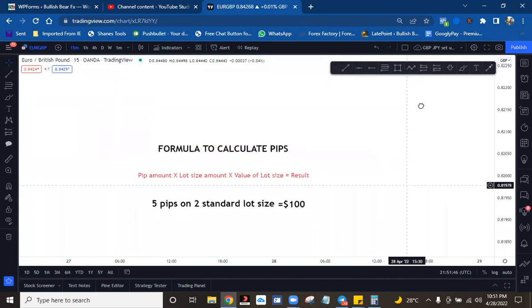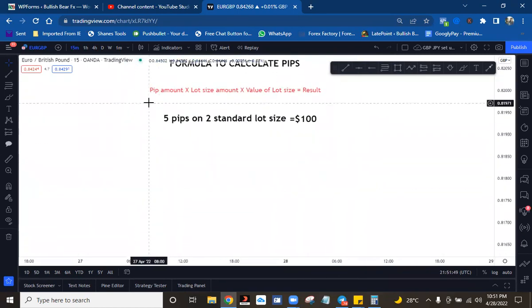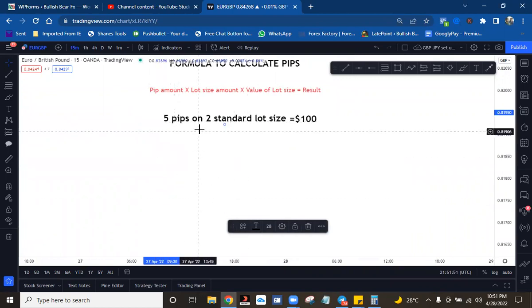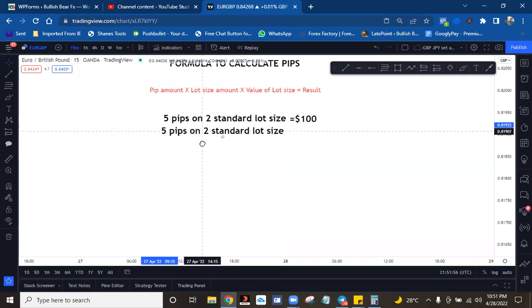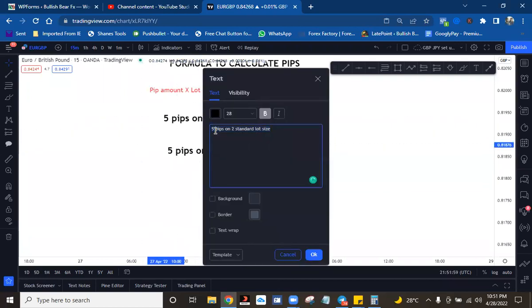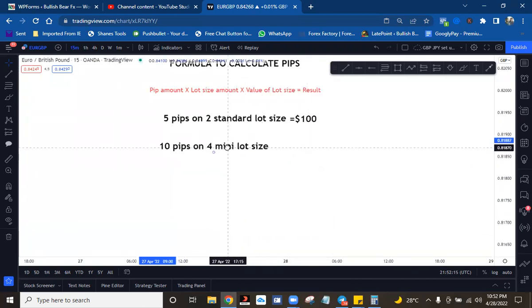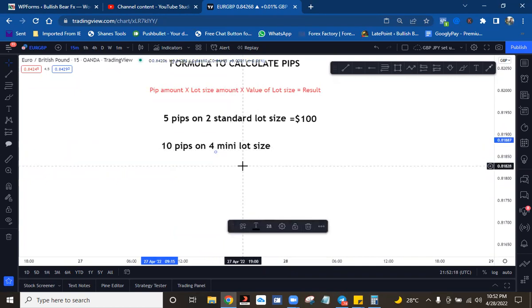Okay. Another example, if I am risking 10 pip on four mini lot size, how much am I risking on that trade?